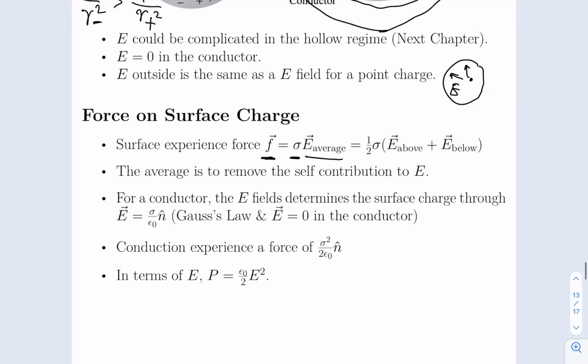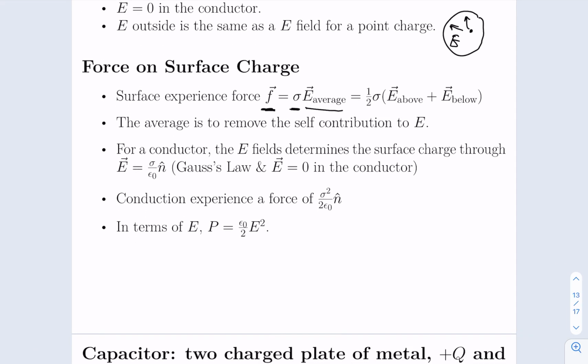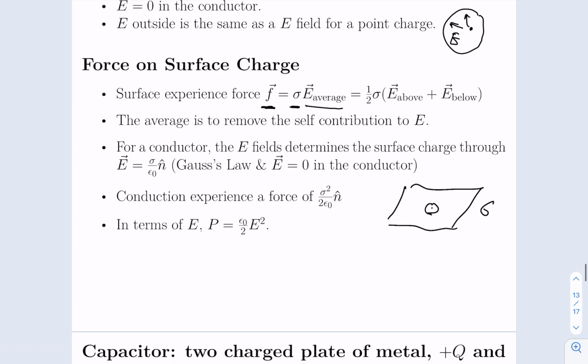I can try to give you an explanation for that. The reason is that we simplify the problem: this is a surface with surface charge sigma, and we are interested in the force experienced by this small region, right? This region cannot exert a force on itself.